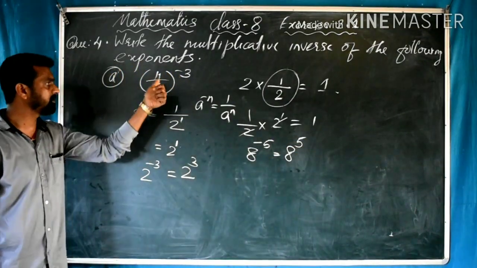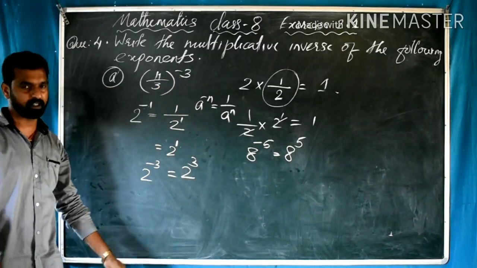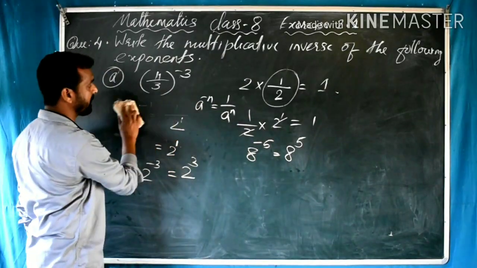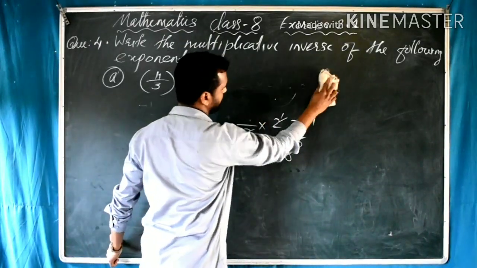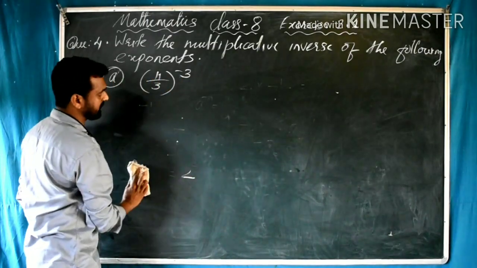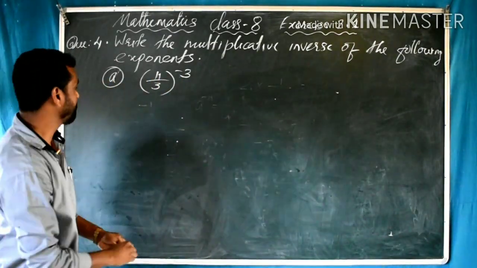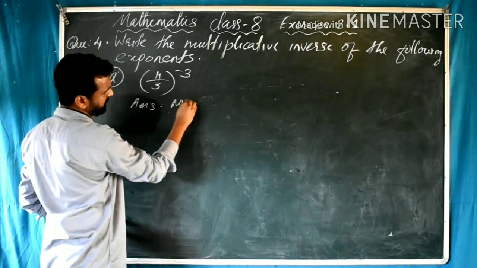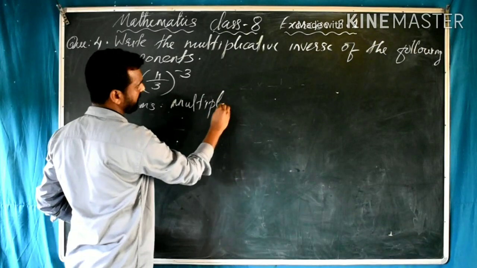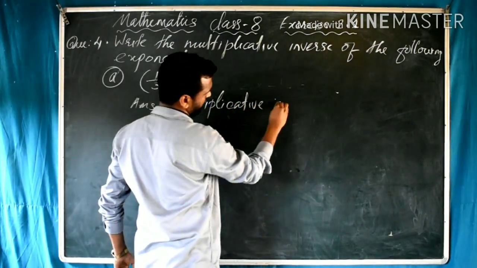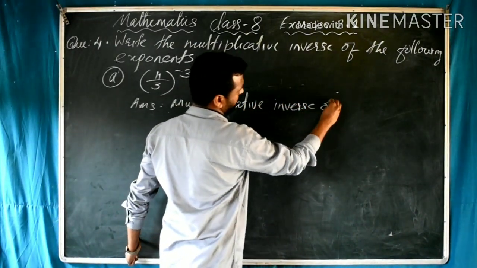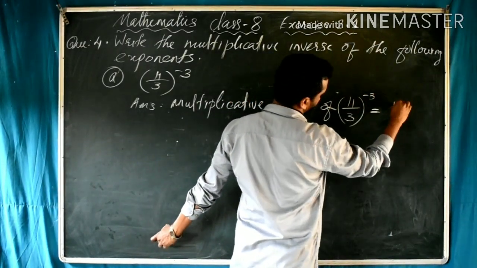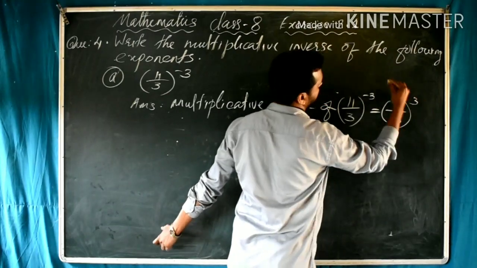Then what is the multiplicative inverse of 11 by 3 raised to minus 3? It is 11 by 3 raised to 3. So we write the answer: multiplicative inverse of 11 by 3 raised to minus 3 is equal to 11 by 3 raised to 3.